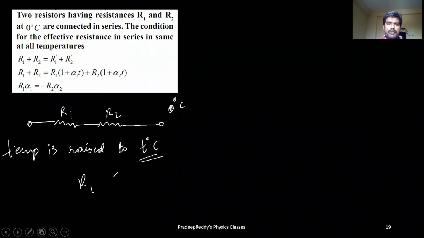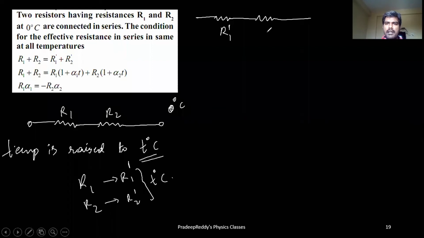R1 tends to become R1 dash, R2 tends to become R2 dash. These are at T degrees Celsius. So resistances at T degrees Celsius will have different values. This is R1 dash and this is R2 dash, at temperature T degrees Celsius.